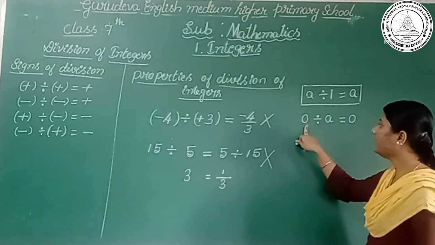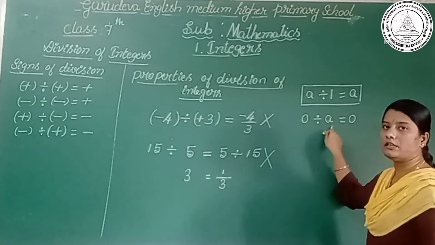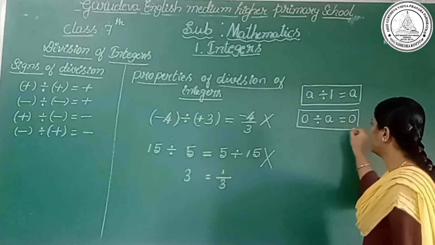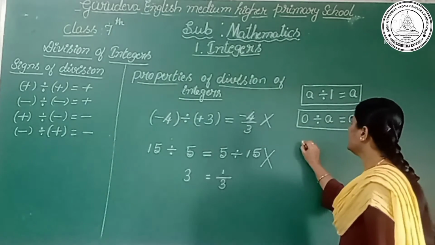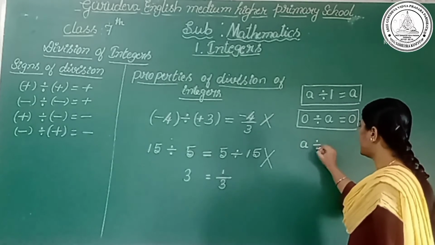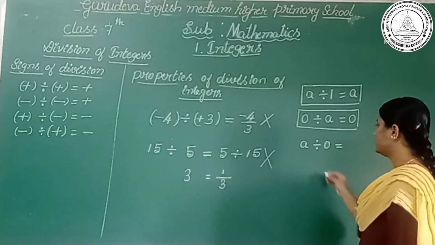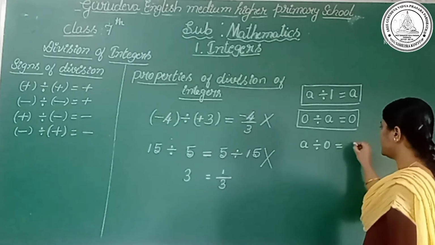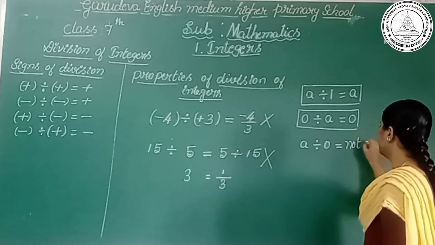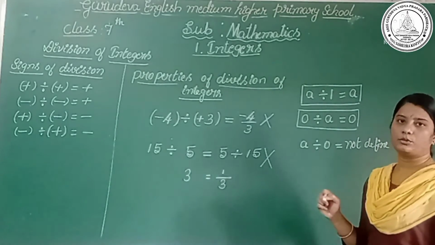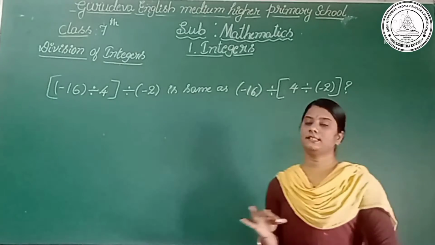The last one: any integer divided by 0 is not defined. So a divided by 0 is not defined.